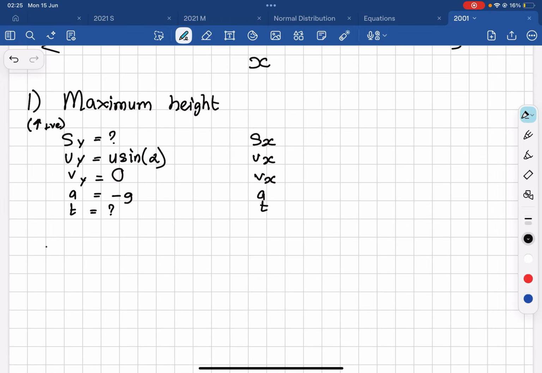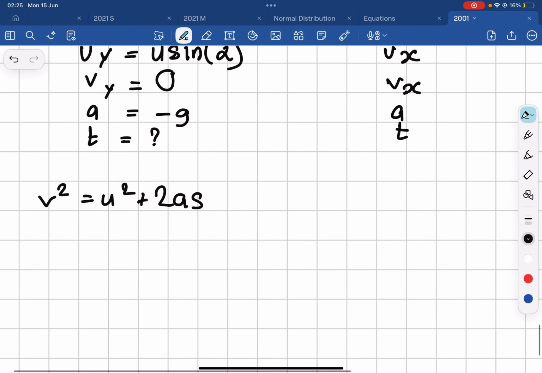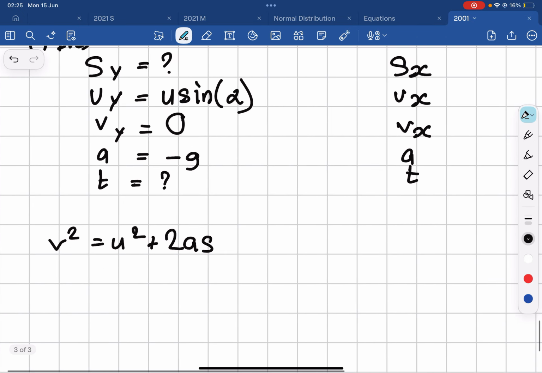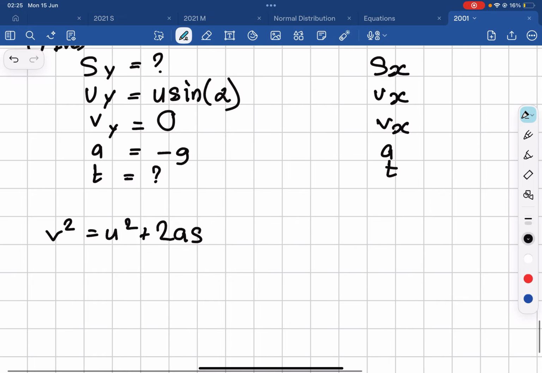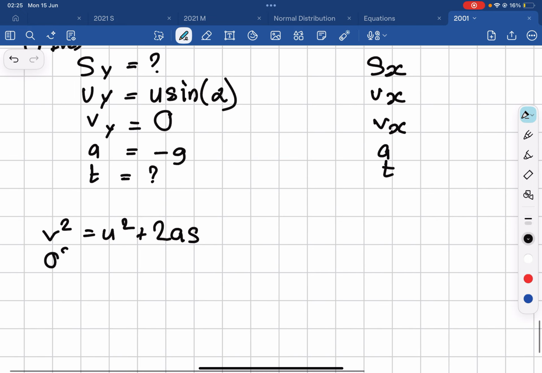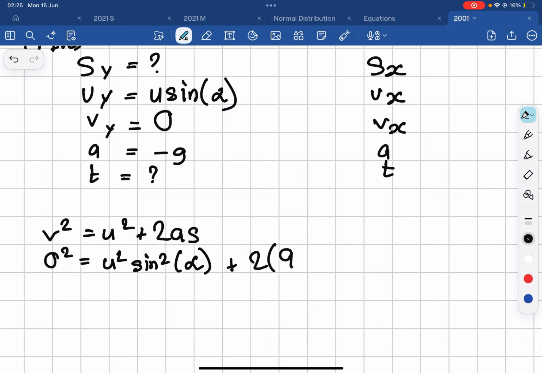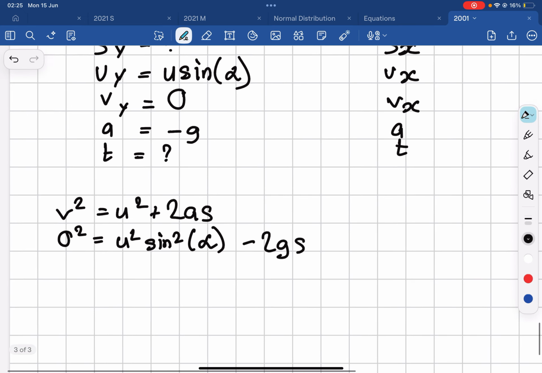So we can use the formula v squared equals u squared plus 2as, and we're trying to find s. So if we start off by subbing what we know, 0 squared equals u squared sine squared alpha plus 2 times minus g times s, so minus 2gs.